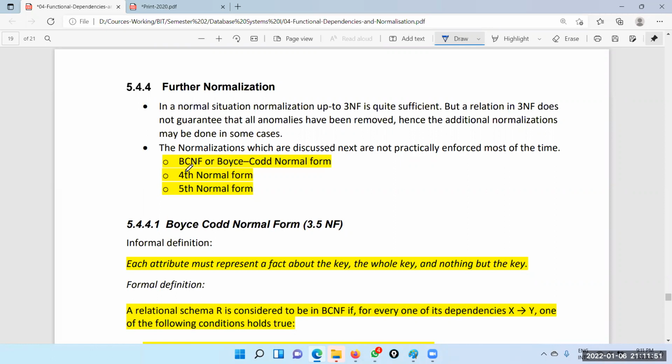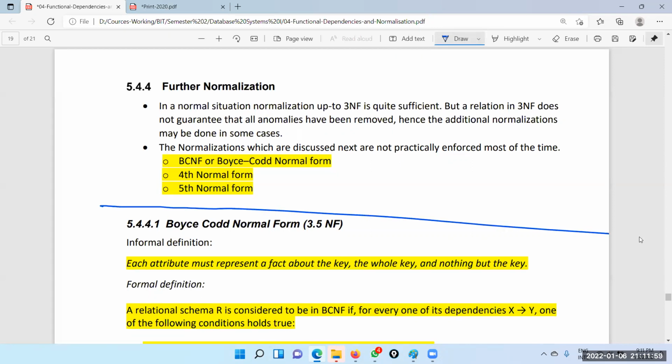The simple reason is in day-to-day or even in professional software development, most of the time you don't have to go beyond 3NF. It is more than enough. But anyway, we are not going to discuss fourth normal and fifth normal at all. But a little bit of understanding about BCNF, the Boyce-Codd normal form, is handy.